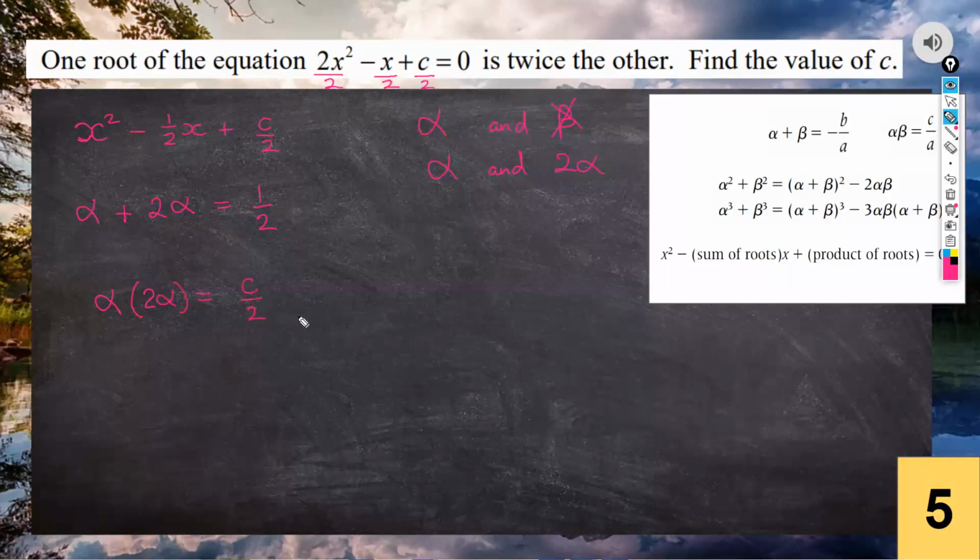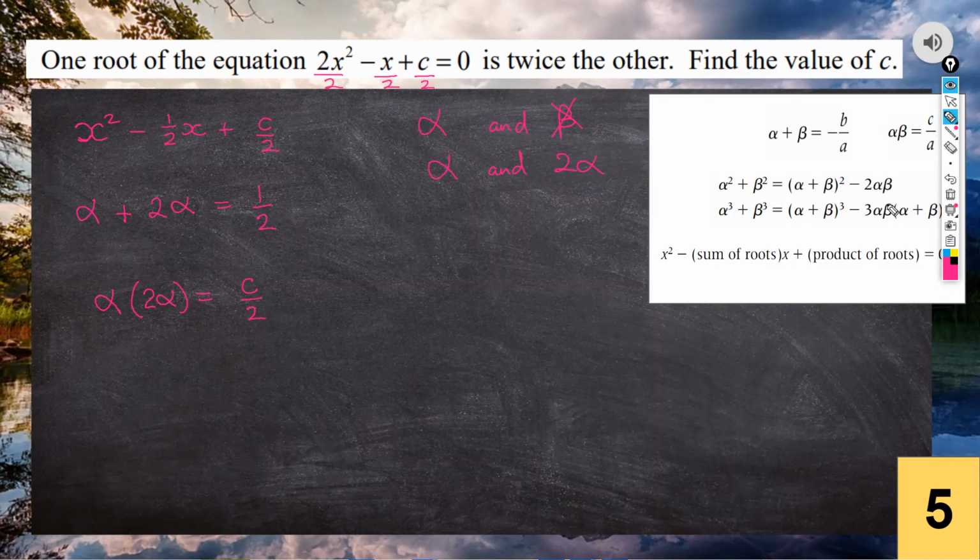Tell me if you understand up to there. Alpha plus beta always gives you the opposite of who is touching x, and alpha multiplied by beta always gives you the value who is touching what? Who doesn't have an x attached to it, the c value.